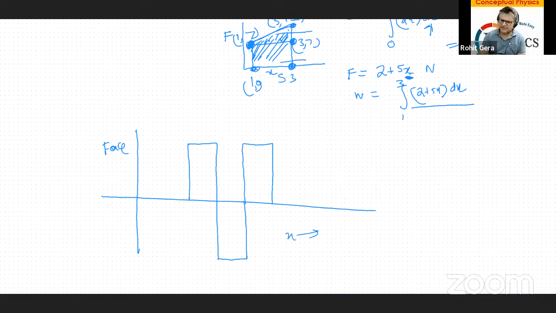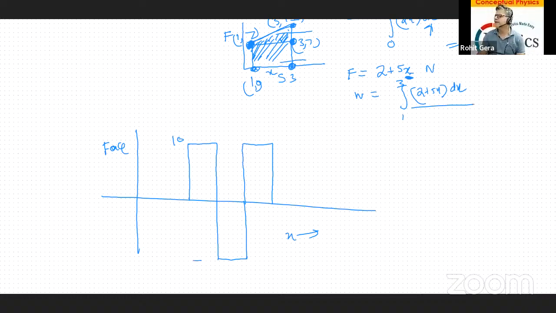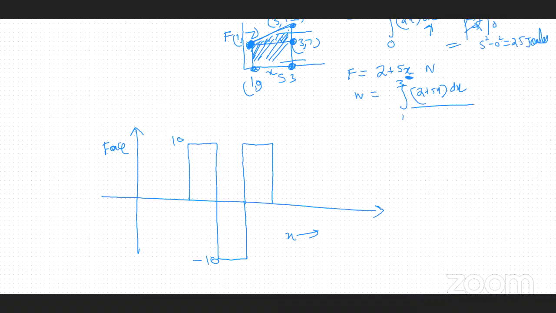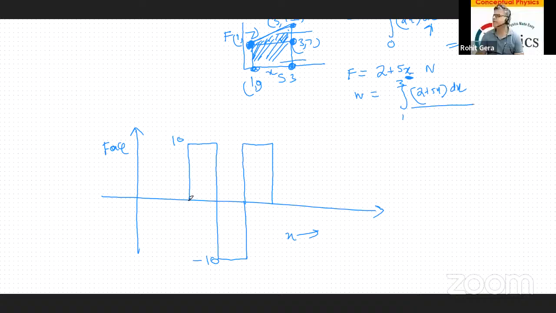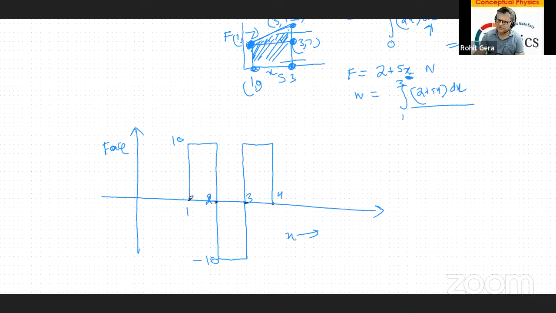This is 10 and this is minus 10, and x tending to infinity. Okay, this is the x-axis. This is 1, this is 2, this is 3, and this is 4, in meters.